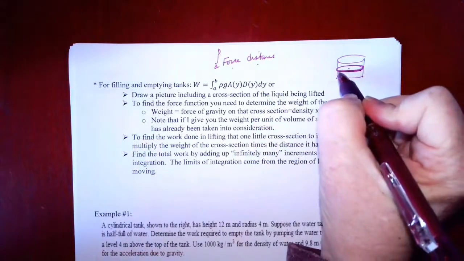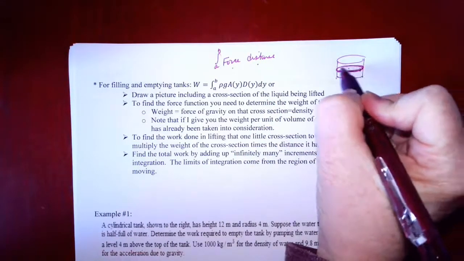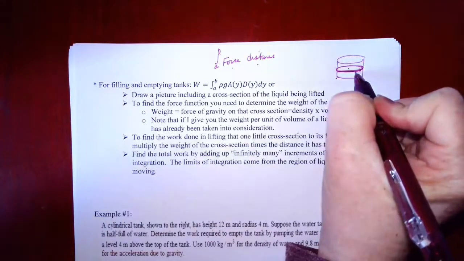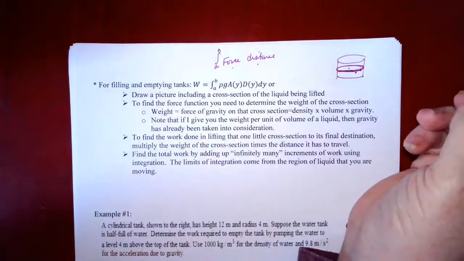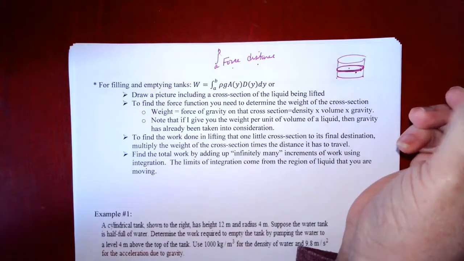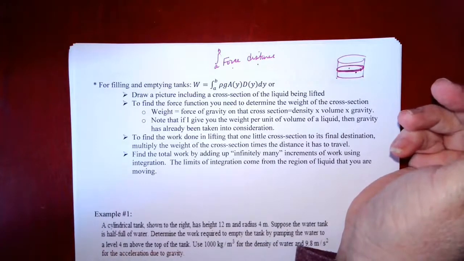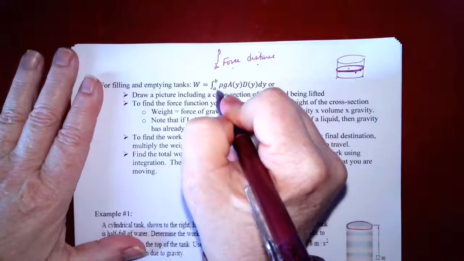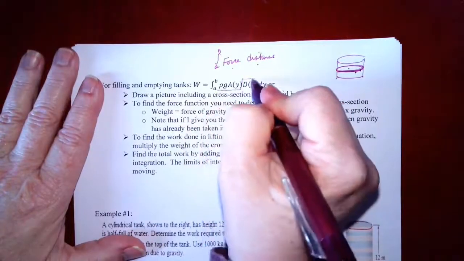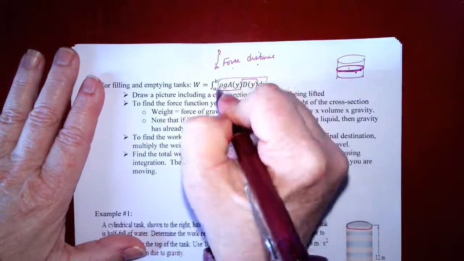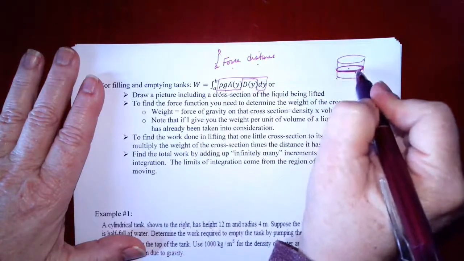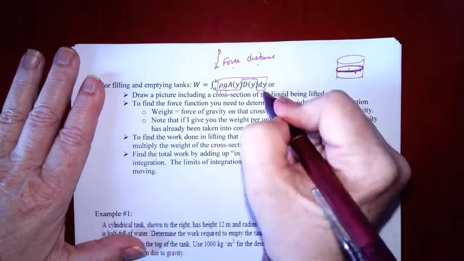Well, what is the force required to lift that little disc of water? In reality, it's really just the weight of that disc of water. How do you find that weight? Well, it's density times gravity times volume. So if you really think about it, these three things right here: density, gravity, and the area of the flat part times the thickness.